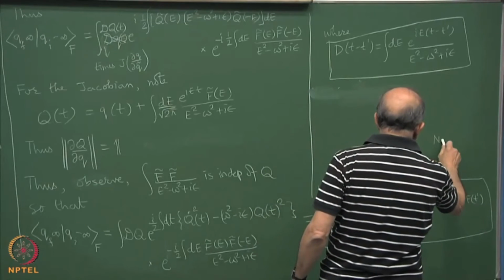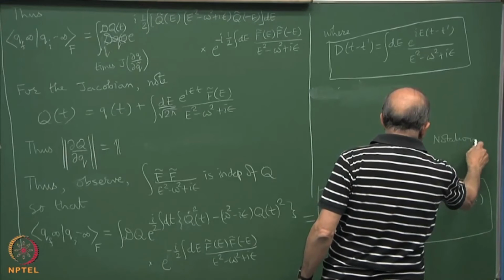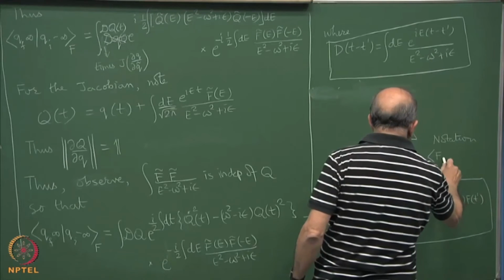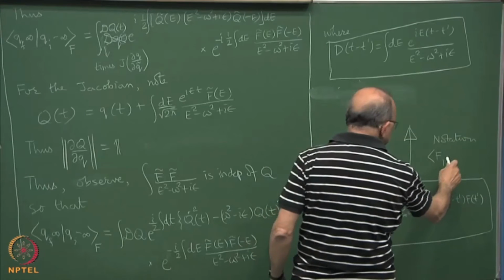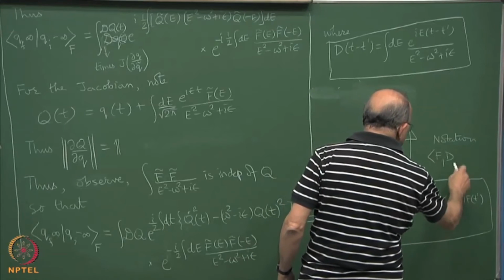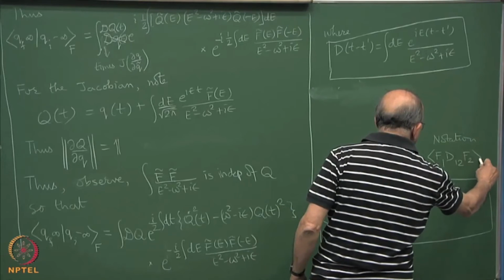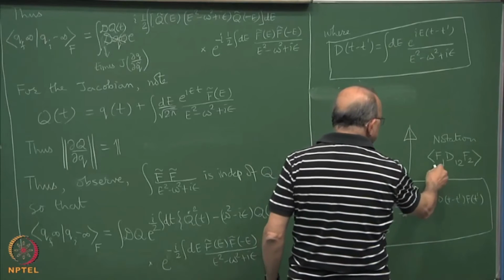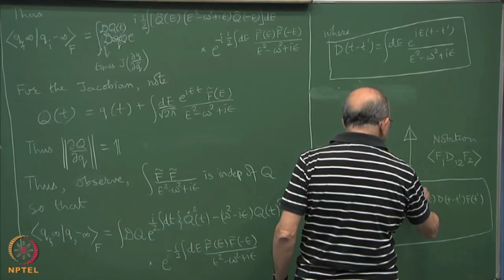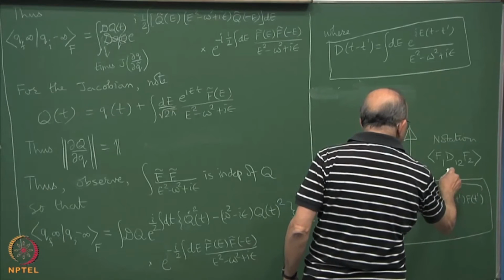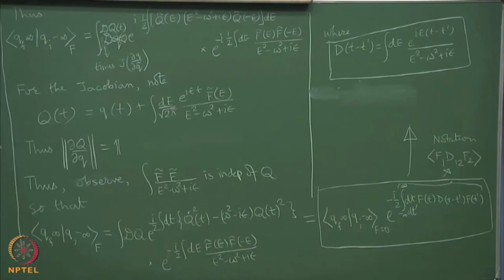So notation is here: F of argument 1, D of 1 and 2, and second F of argument 2, and an integral over t and t prime. So this we will use as a notation for this, and we still seem to be stuck with this qf and qi, which look arbitrary.